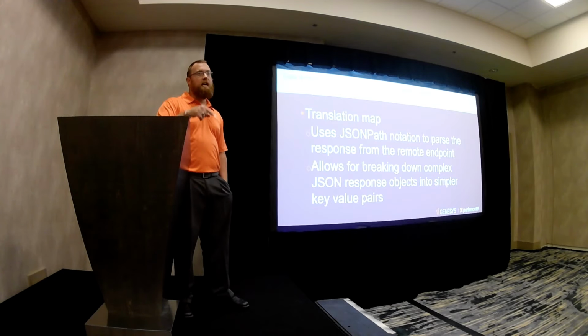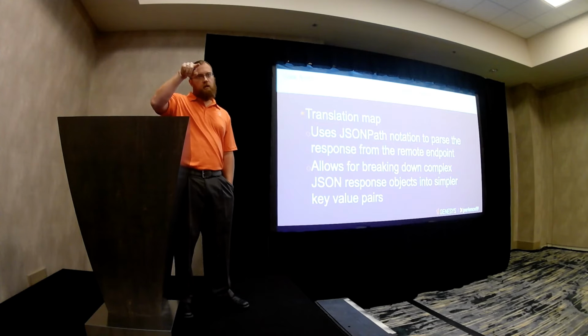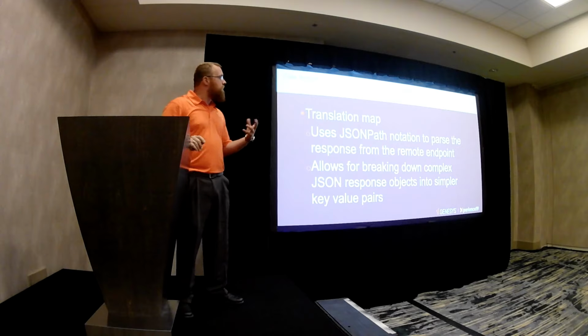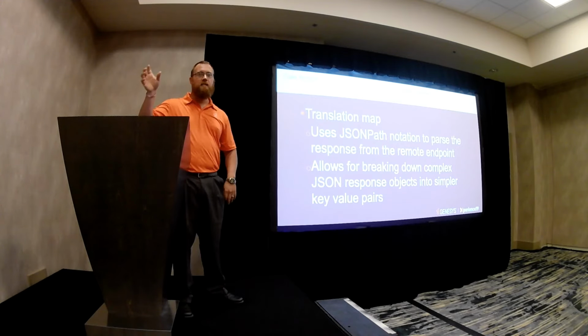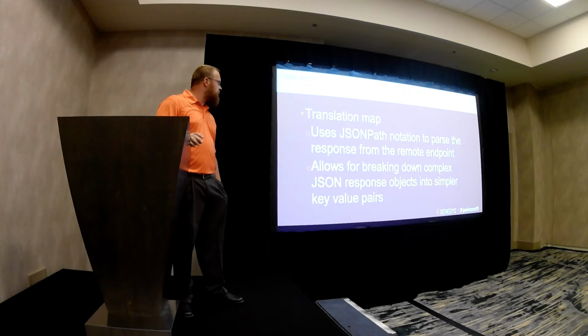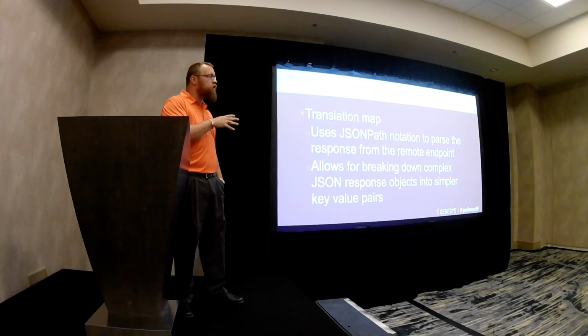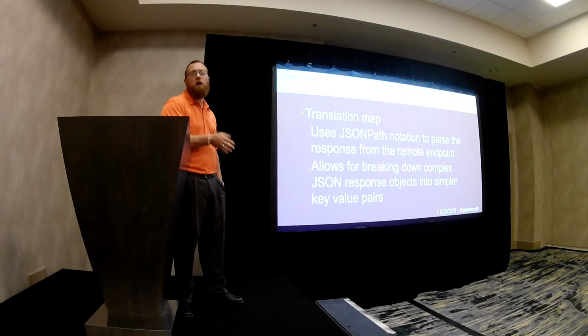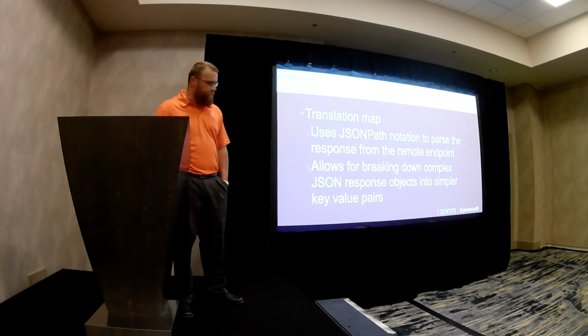So you're able to say, I'm going to this particular node and I'm going to pull out this attribute. And with the translation map, you're able to define, I want that to be this simple key value pair. We'll get into an example a little bit later. But this is generally how you're going to take really complex response objects and break them apart into things that are simpler to understand as they get downstream.